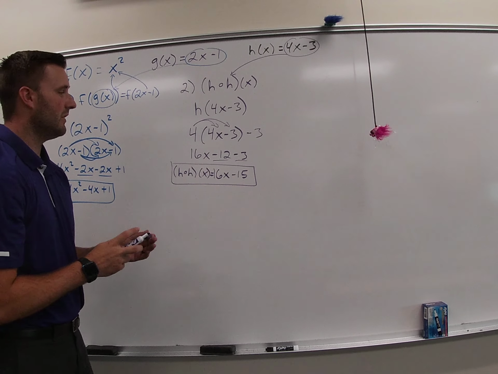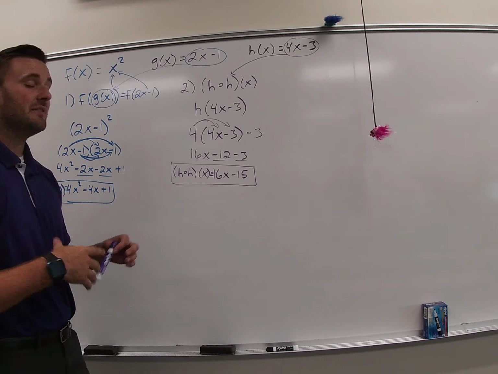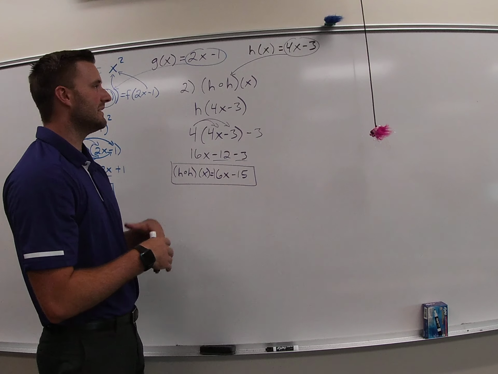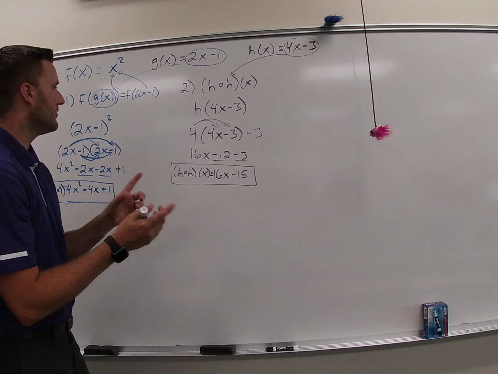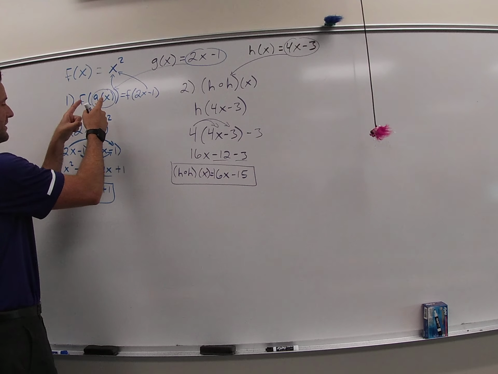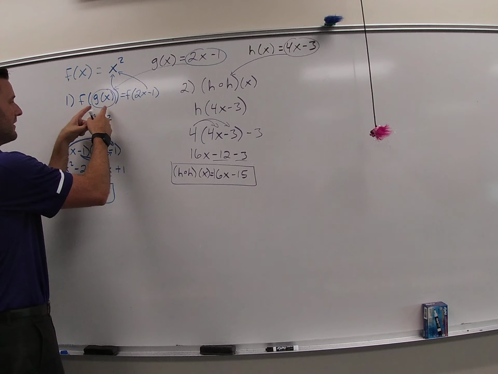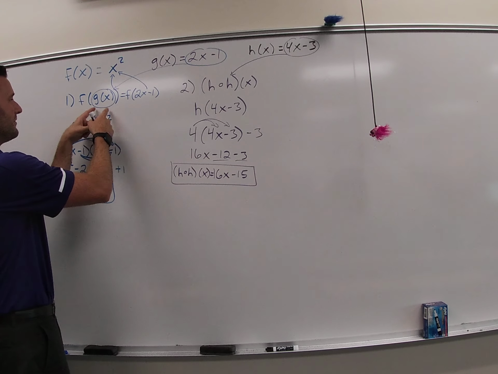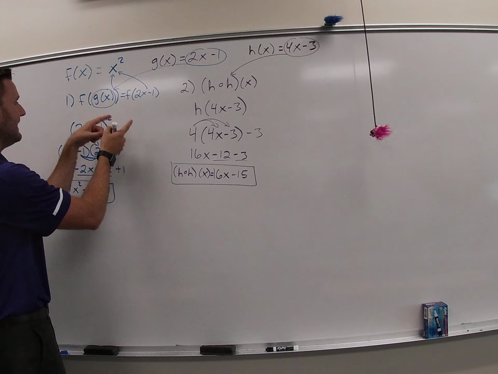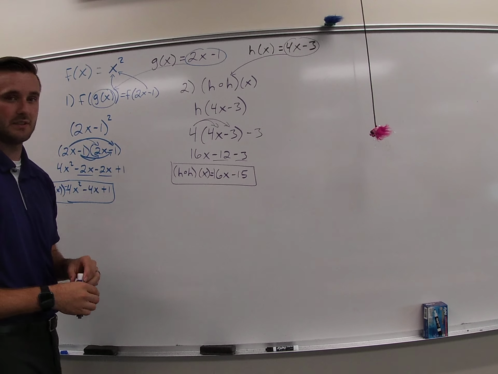So composition of functions in this sense can be a little more challenging, but try to think of it as substitution. I find my innermost function, so whatever's on the innermost part of the parentheses, I'm going to take whatever that equals and substitute that into what's on the outermost part of the parentheses.